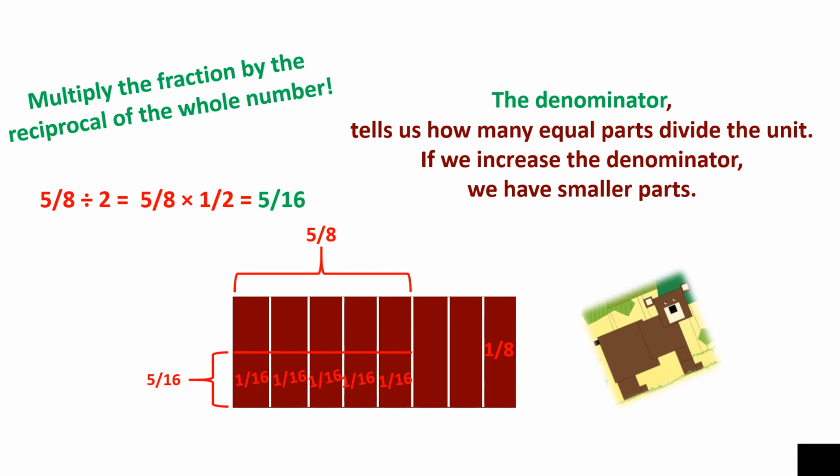If we look at the area model, we can see 5/8 and 5 sixteenths. And we see that 5 sixteenths really is 1/2 of 5/8. By multiplying the denominator of 5/8, the 8, by 2, we have essentially performed the division.